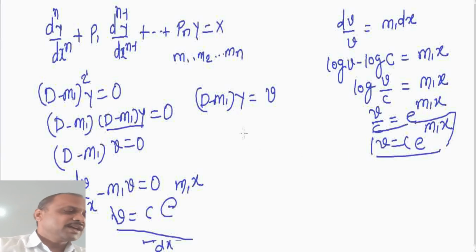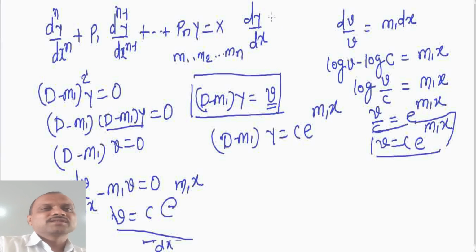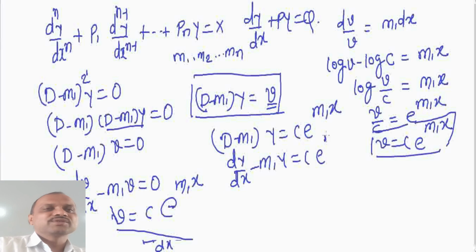Now let us replace v in the equation where we substituted (D minus m1) y equal to v. Then we have (D minus m1) y equal to c e raised to m1 x. This is a linear equation, dy by dx plus Py equal to Q, where here D is dy by dx, so dy by dx minus m1 y equal to c e raised to m1 x.